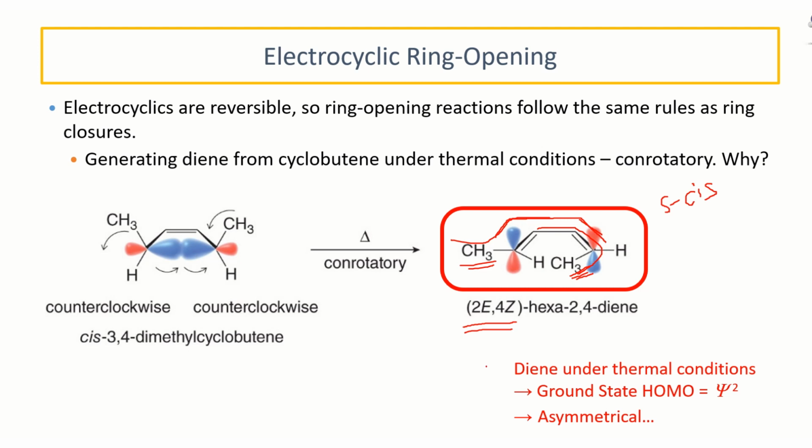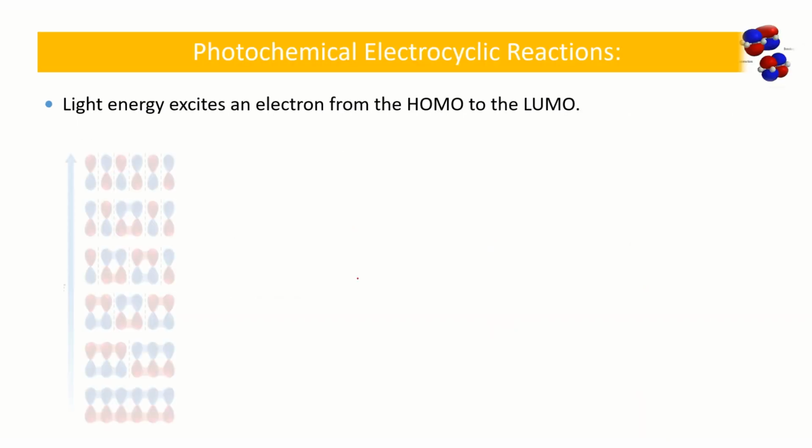It's a thermal event, so of course the thermal event of the acyclic species, HOMO, which is really HOMO of the ground state diene, is psi 2. And of course psi 2 is asymmetric, and so it is a conrotatory system.